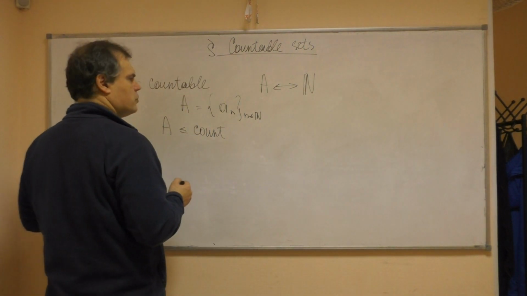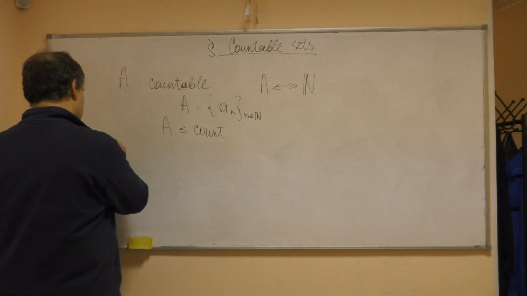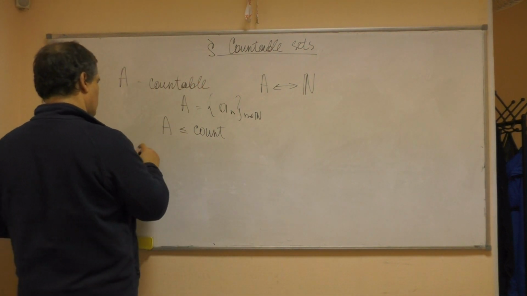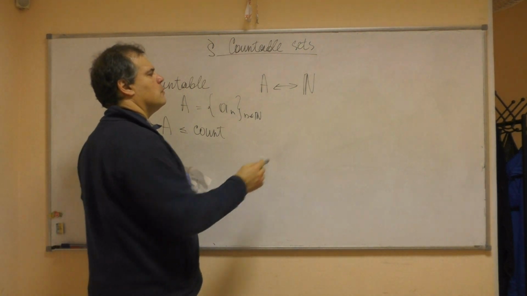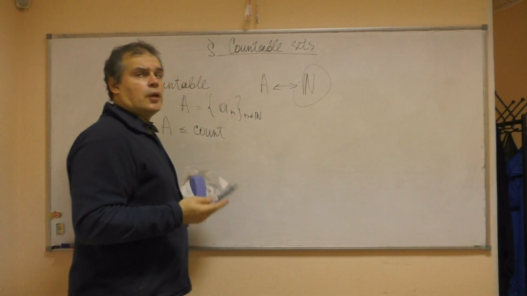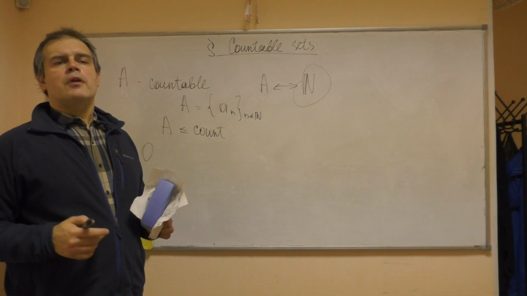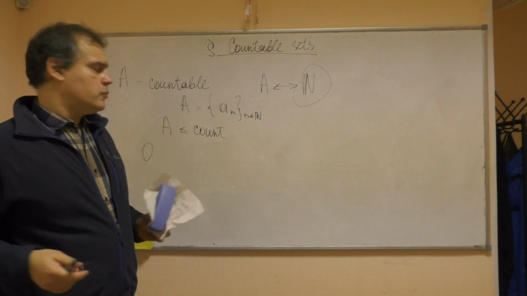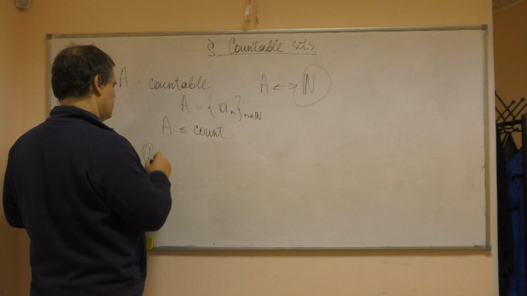Let's consider an example. First, an obvious example, the set of natural numbers. Of course, it is infinite and it is countable, obviously. Let's consider a more complicated example.